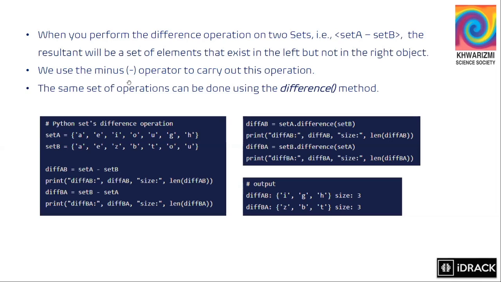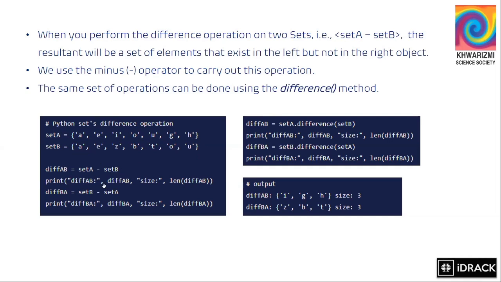We use the minus operator the same way as we do in simple subtraction, or we can use the difference method. What we simply do is subtract set A minus set B. If we were to take out set B from set A, what would you get?